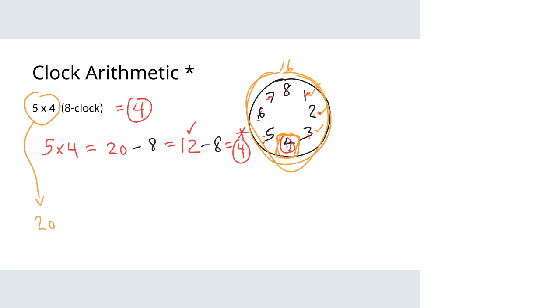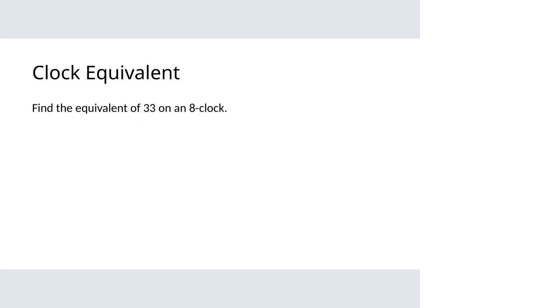All right, let's try one that's like this, but similar. It's very much like the multiplication. I do want to change the number here from 33 to 21. And I do want to do a poll here. Find the equivalent of 21 on an 8 clock. Now, this isn't that different from what we just did with multiplication.